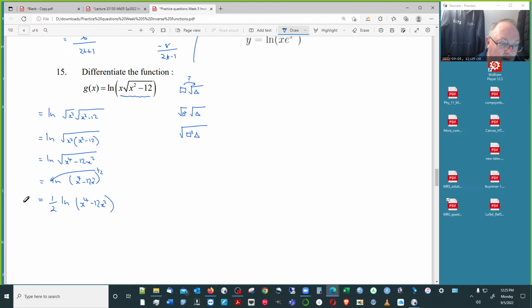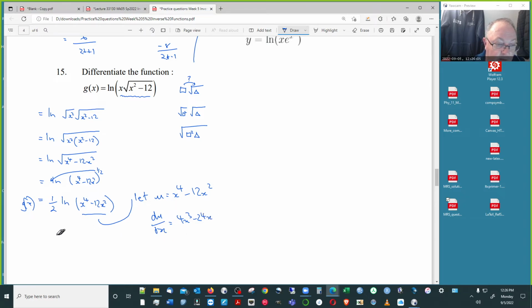Now, of course, you can go off and do your differentiation, which is going to be what? So we're going to take the u, and we're going to say let u equal x^4 minus 12x squared, and du/dx will be equal to 4x^3 minus 24x.